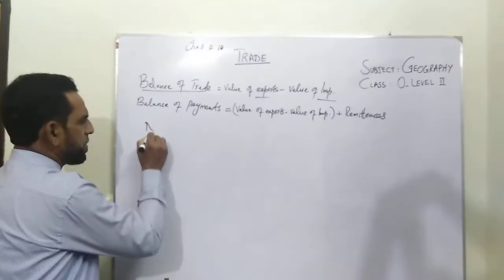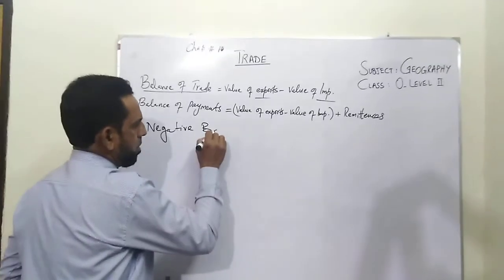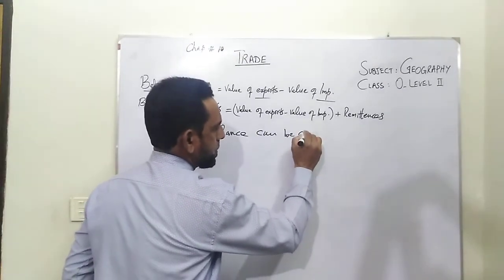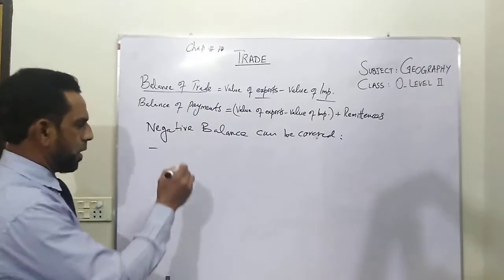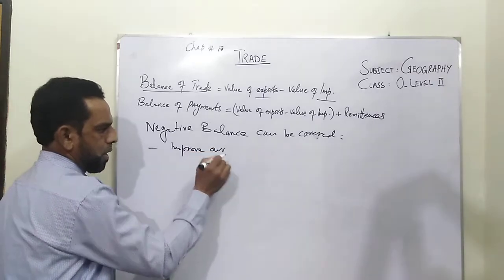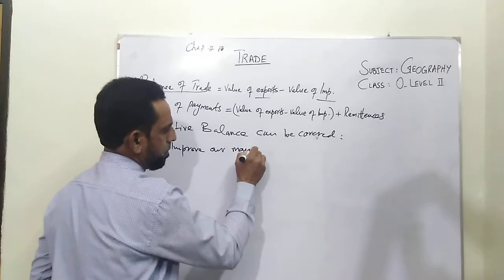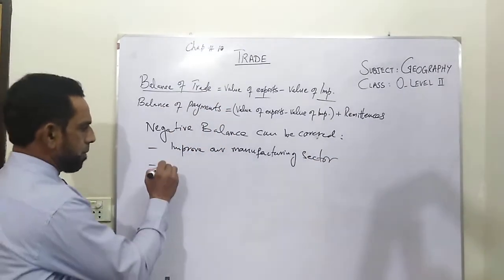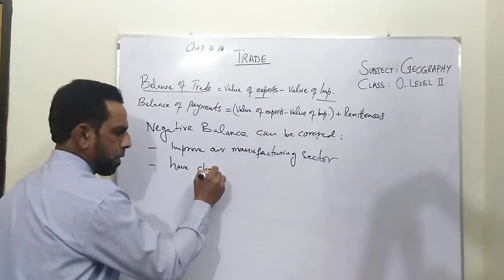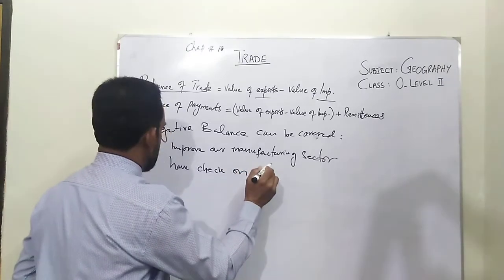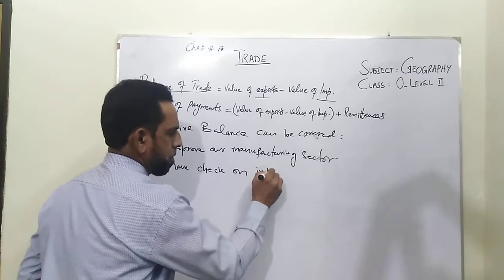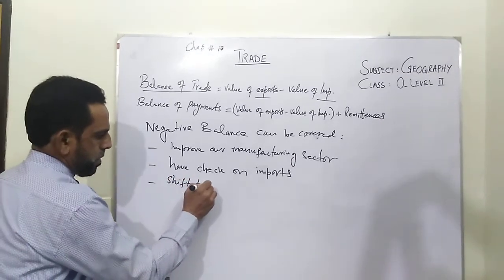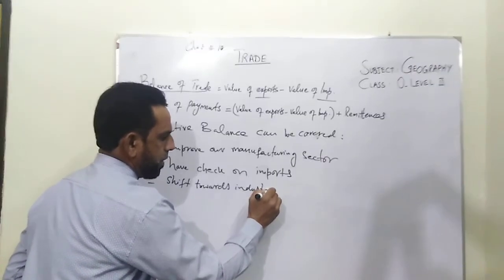For example, this negativity can be covered in many ways: improve our manufacturing sector, have a check on imports, shift towards industrialization.